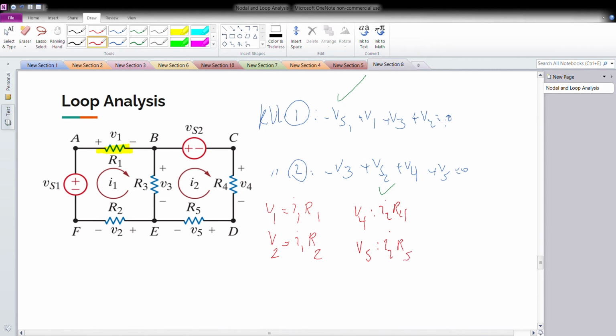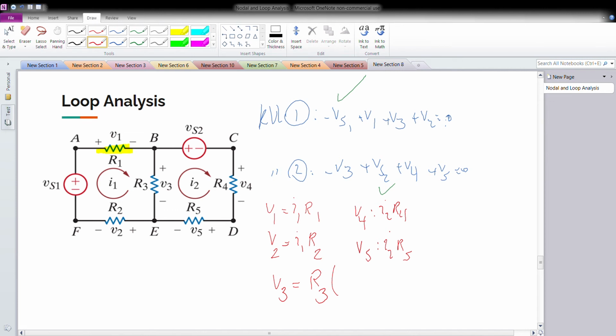R3, however, is the resistance that's shared between 2 loops. If you ever have a resistance that's shared between 2 loops, you have to define its current based on the difference of current between those 2 loops. So what I mean by that is V3 is going to be equal to R3 times the current difference.